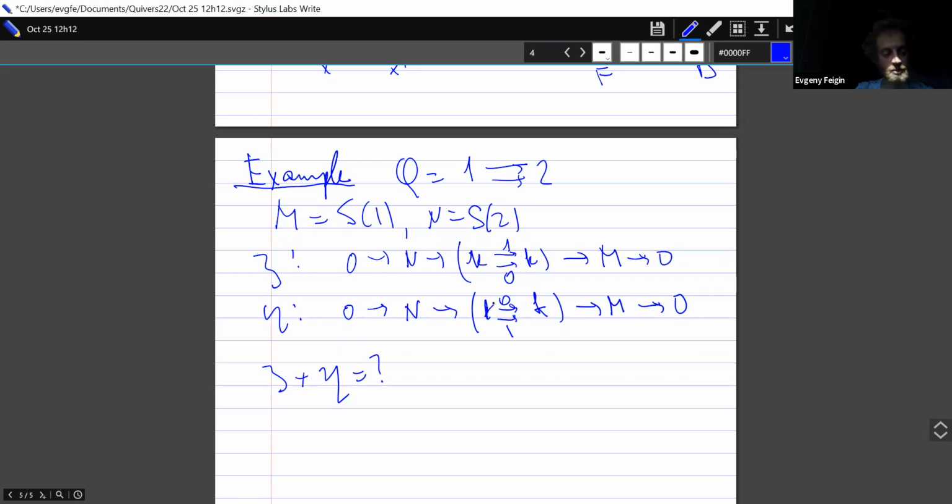So just for us to feel how this operation works. So maybe some suggestions or expectations. Or maybe just somebody can tell us right away. So what is this?